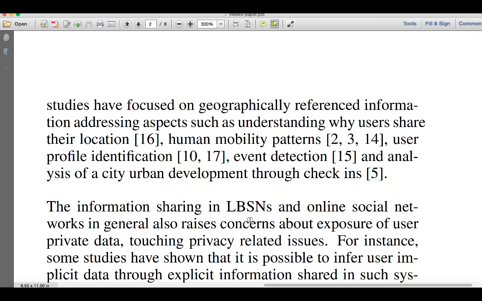So in this case, the authors are talking about how people have used human mobility patterns, event detection, and analysis of city urban development through check-ins. There is a lot of work in terms of using Foursquare data to find out the nature of a city, and how people have used location-based social networks like Foursquare.